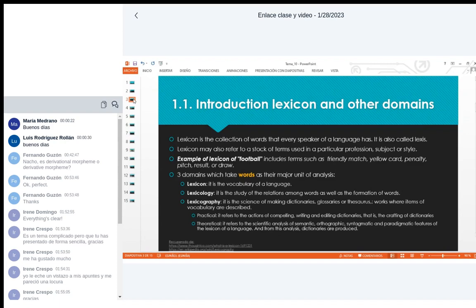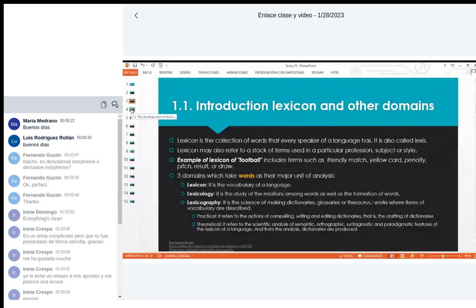So the dictionaries include the category of the words, the pronunciation, the meaning of the word itself, some synonyms, and then a sentence with an example showing how the word is used. Or there are some dictionaries, like pocket dictionaries, that just include if it's masculine or feminine, and then the explanation of the word.